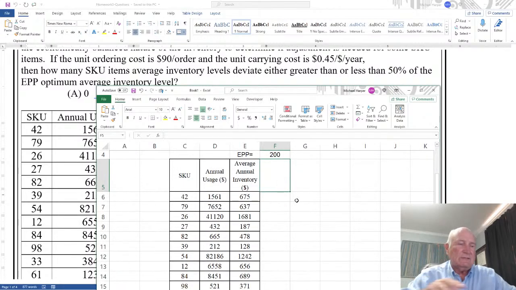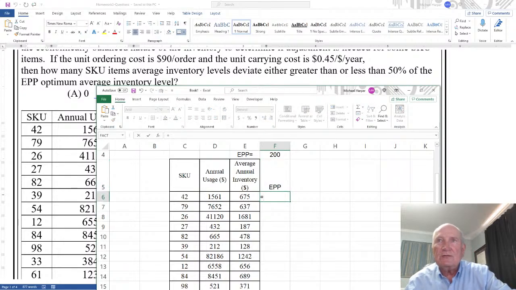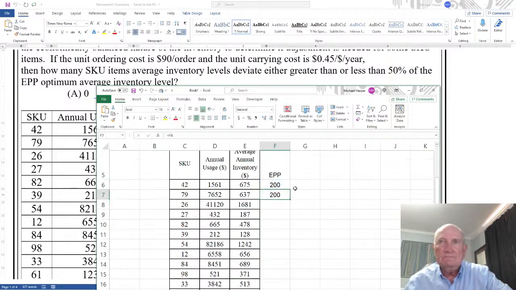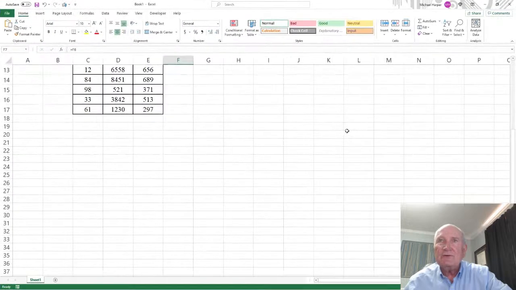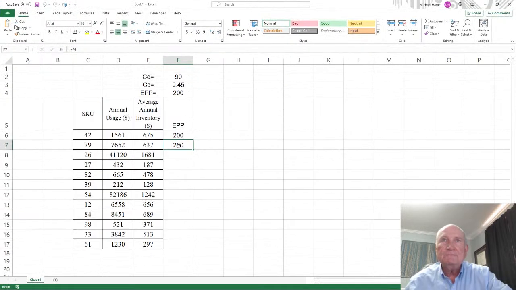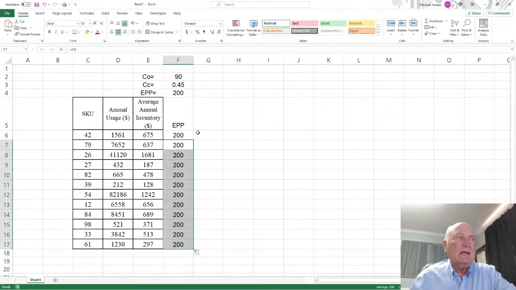So down here, let's just say the EPP equals this 200 up here. And then let's just copy this down, because we're going to use that for every single one. Okay, and there it is. Okay, let's see.